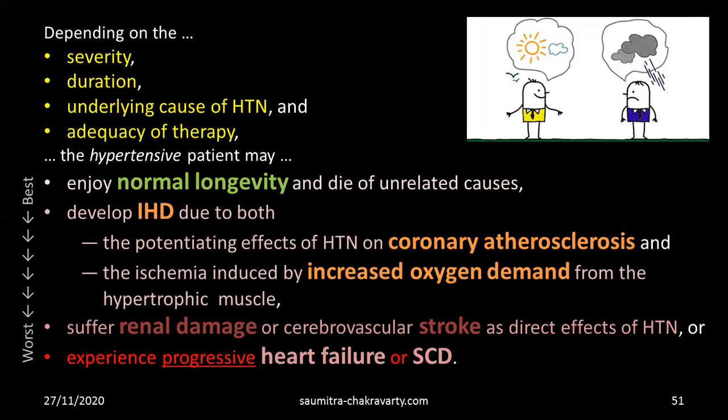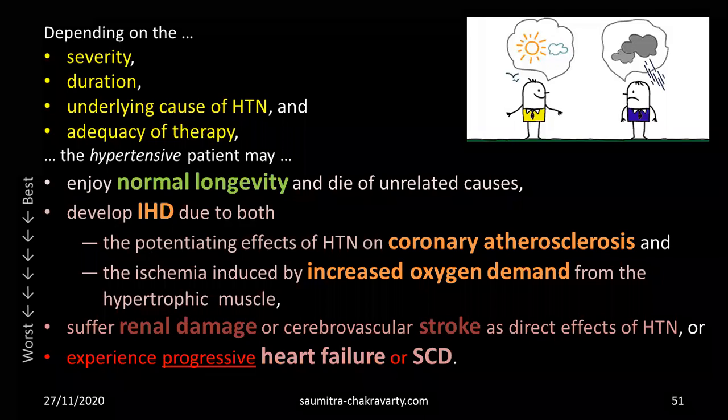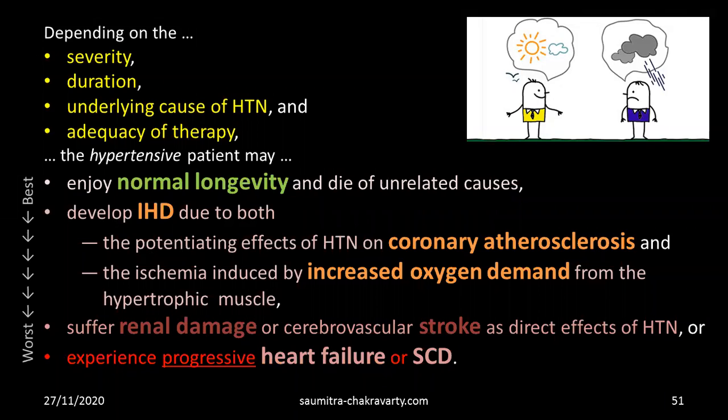They can suffer coronary atherosclerosis and muscle hypertrophy, and heart failure could be there. Sudden cardiac death is, of course, a scary outcome of this. In the meantime, the person might suffer renal damage and stroke. But hypertensive heart disease, if managed adequately, can give a person a full life.